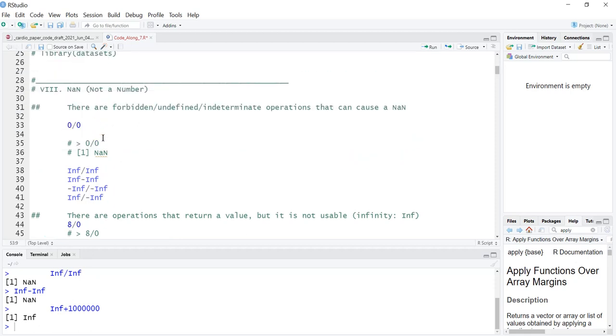So infinity minus any number is still infinity. So infinity minus infinity can be any number between negative infinity and positive infinity, okay? So negative infinity divided by negative infinity is still not a number. And positive infinity divided by negative infinity, you get the pattern, not a number. Negative infinity divided by positive infinity, not a number.